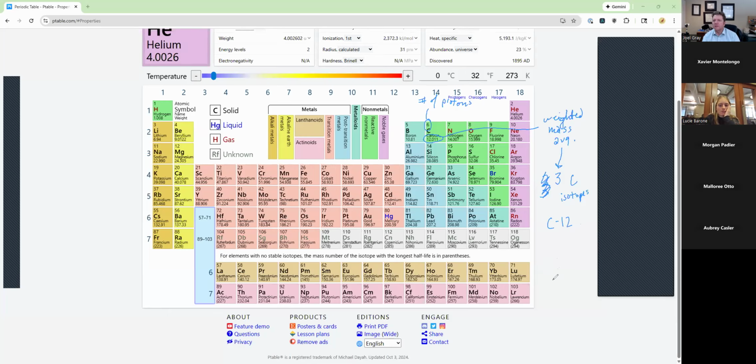Could you tell me the mass of another isotope? We are not multiplying it by 2. That's a good question. I like that. So a different isotope of carbon, 14. C14. And just to give you a little additional information, there's also C13. So there are these three isotopes.